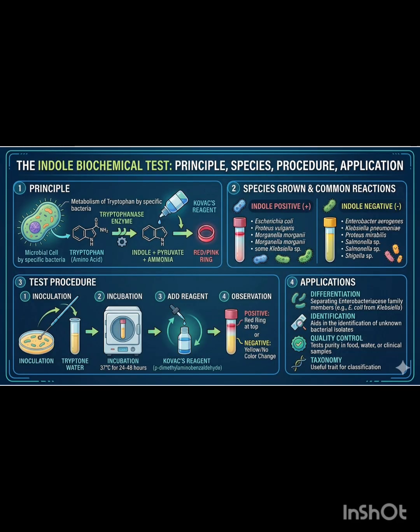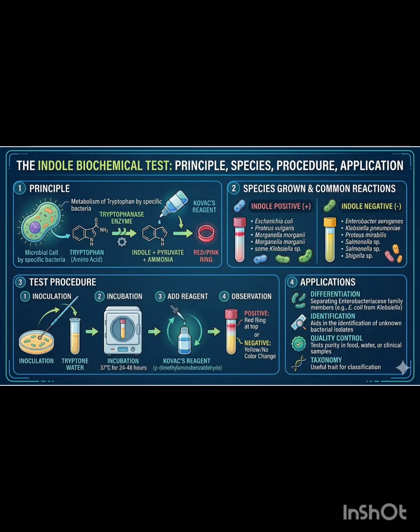And now coming to the first test, what is this indole test? Certain bacteria produce the tryptophanase enzyme. This tryptophanase enzyme will break the amino acid tryptophan into indole, pyruvate and ammonia. We add a reagent known as Kovac's reagent to identify whether the bacteria is doing this process or not.